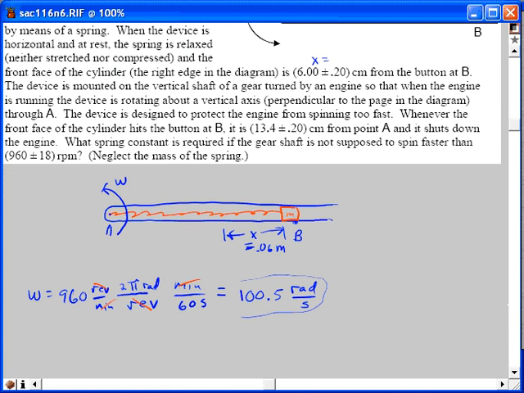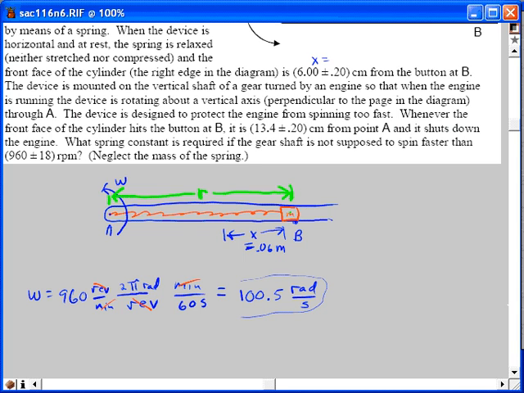I need to know how big this circle is that this cylinder is moving on. I'll go to the center of mass of the object. I'm going to call that R, lowercase r. And let's see what else they give me here.